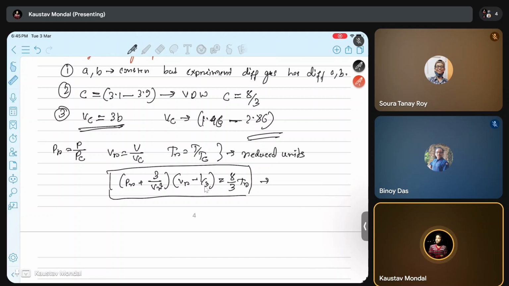This is the dimensionless form of the Van der Waals gas equation.